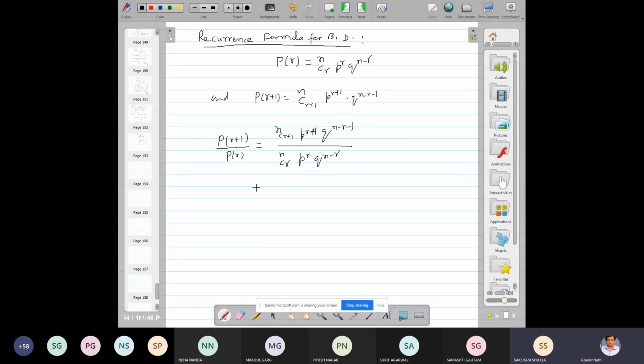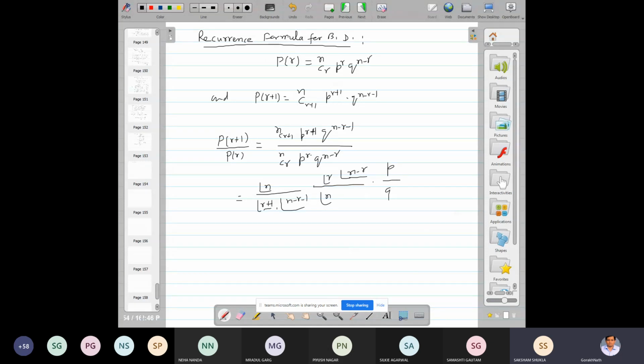Now see, writing the value of this: nC(r+1) is factorial n upon factorial (r+1) into factorial (n-r-1), and nCr is factorial n upon factorial r into factorial (n-r), and into p upon q.